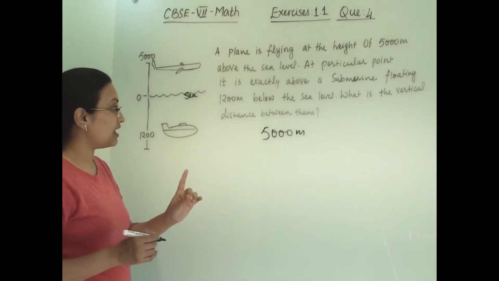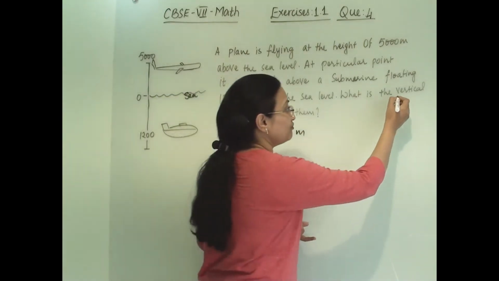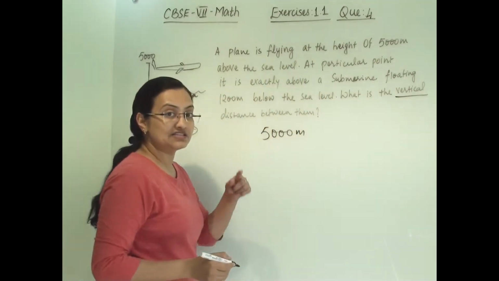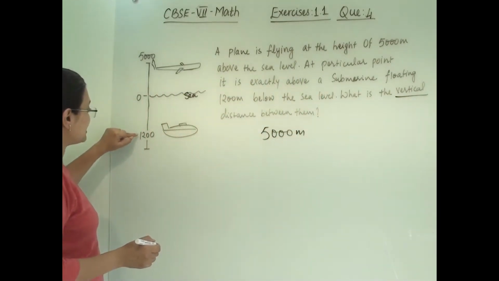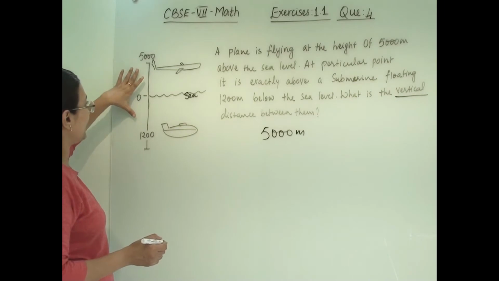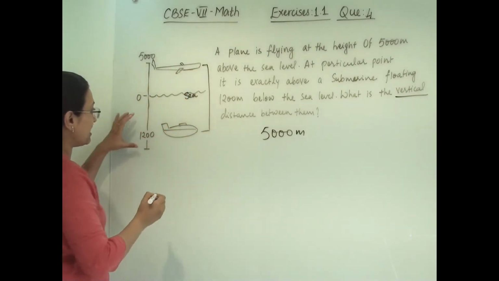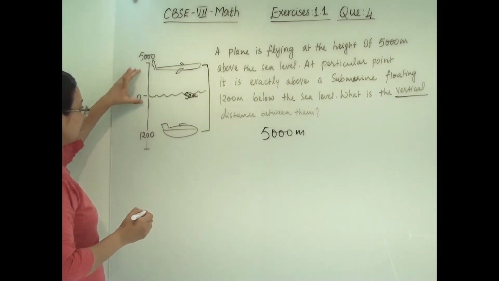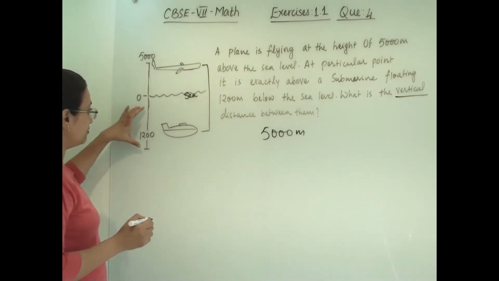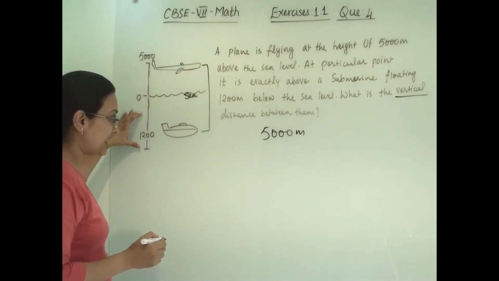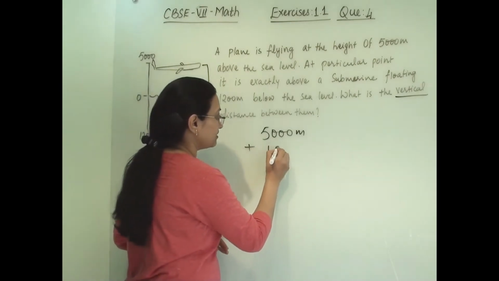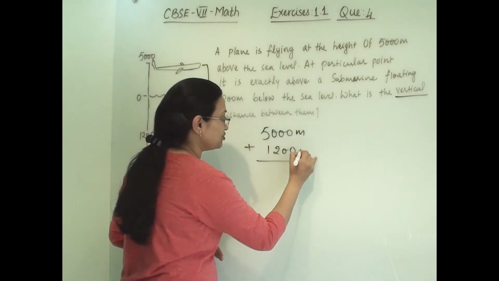But now what we have to find out is the vertical distance, the complete distance from submarine to plane. So we have to add the distance above the sea level and below the sea level. Both distances we add, and we get the complete distance between them.